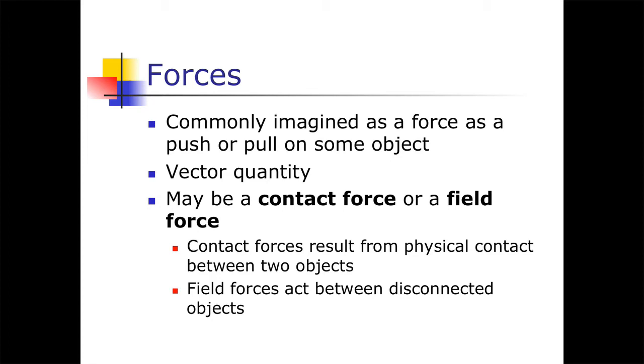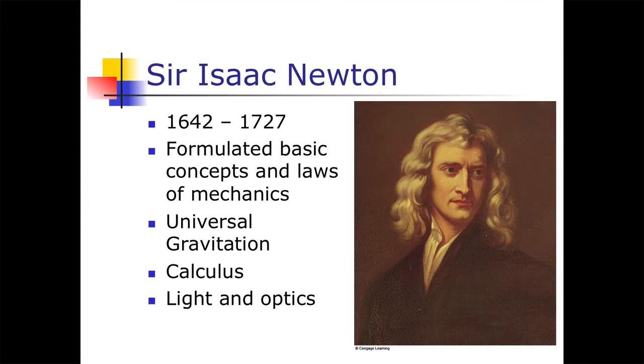You throw an object upward. There is no direct contact between the Earth and that object, but the Earth pulls it down because of its gravitational field. The other kind is a contact force: you pull an object, or you kick a ball. Just to make it simple, force is a push or a pull on an object.